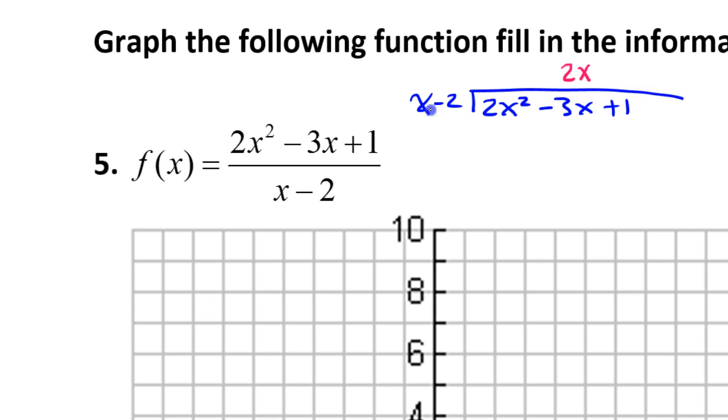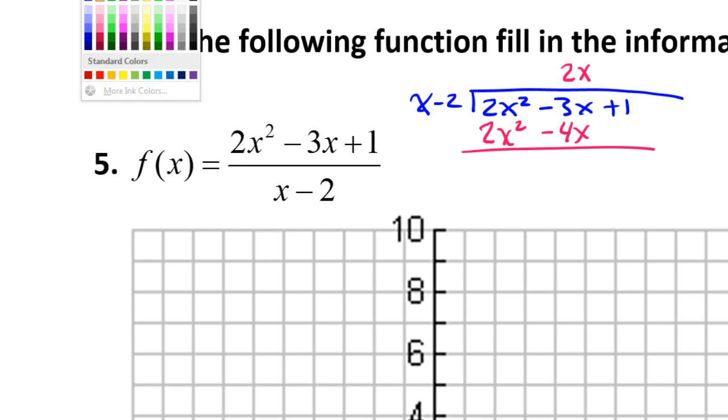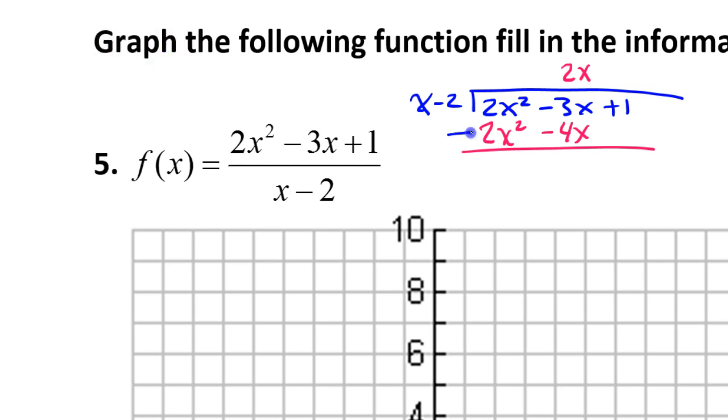Distributive property, 2x times x is 2x squared. 2x times negative 2 is negative 4x. Change signs. Okay, so these cancel out. That leaves us with x plus 1.